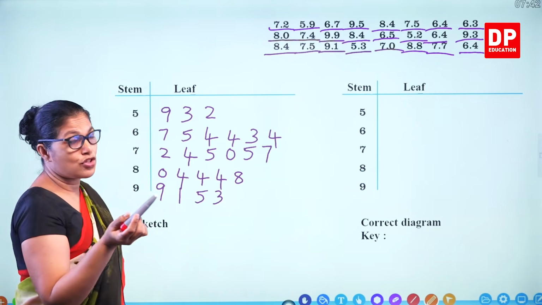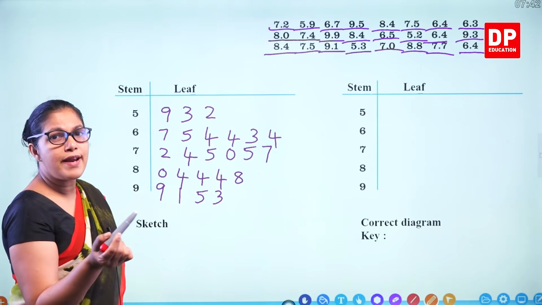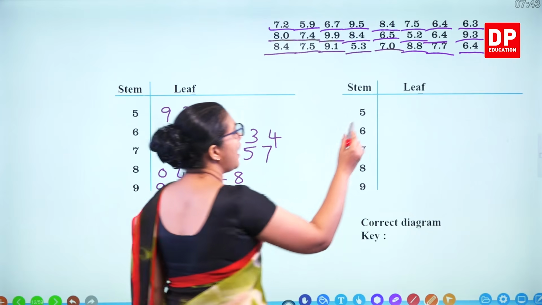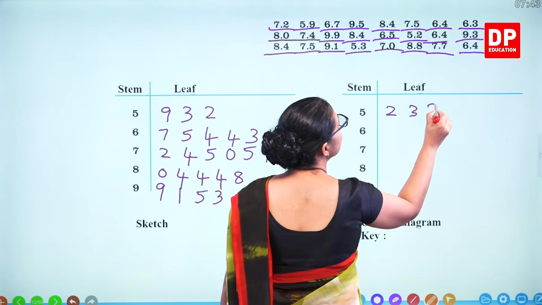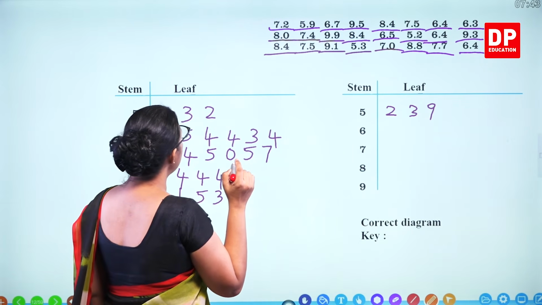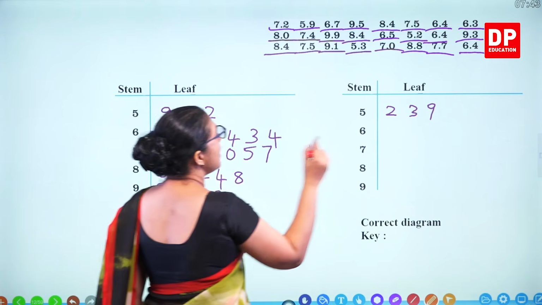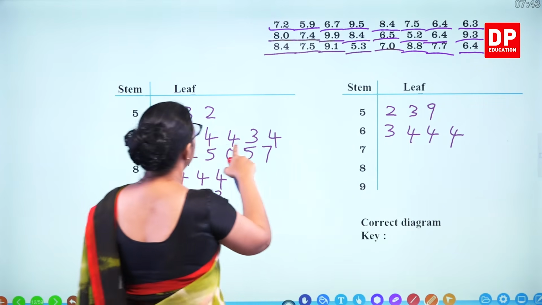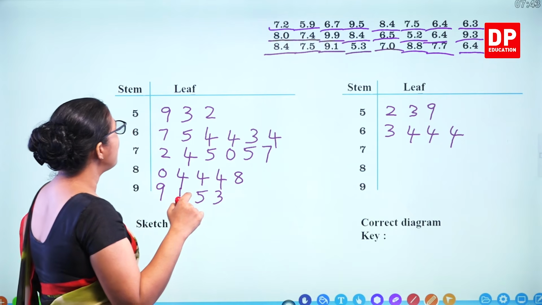Now this is a sketch. So we have to rearrange this in ascending order. 5 with 2, 3, 9. 6 with 3, 4, 4, 4, and 5, 7.